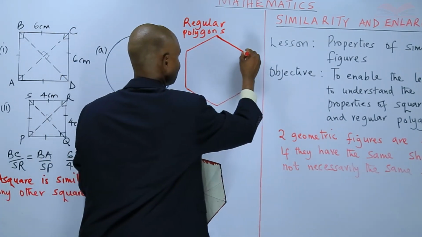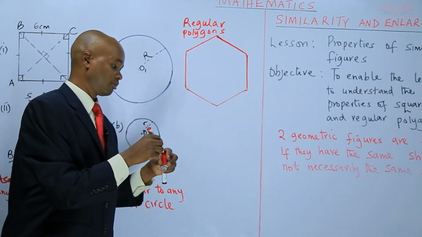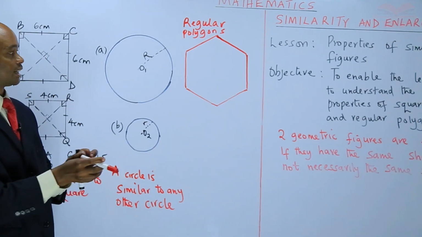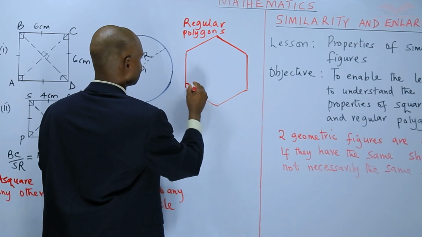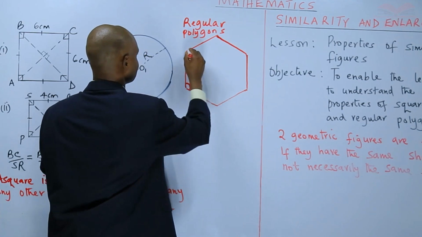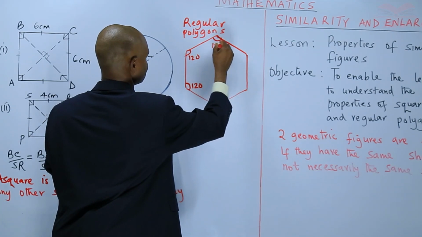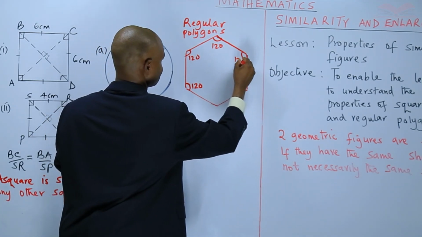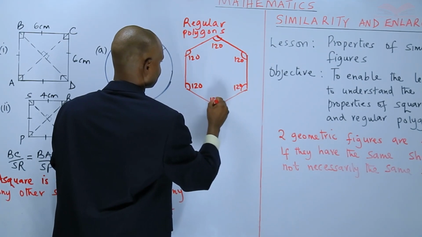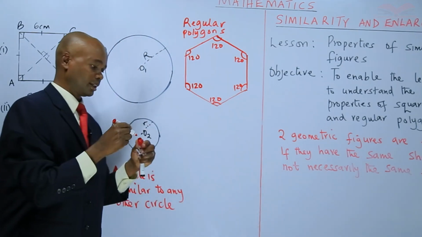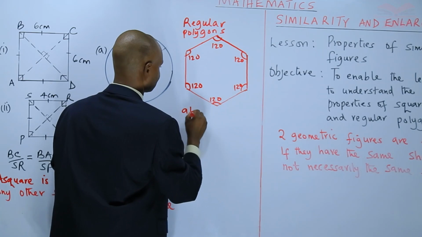And as I have said, the shape of that polygon is given by the angles we get here. So we have an angle here, which will be 120, 120, 120, 120, 120, 120.